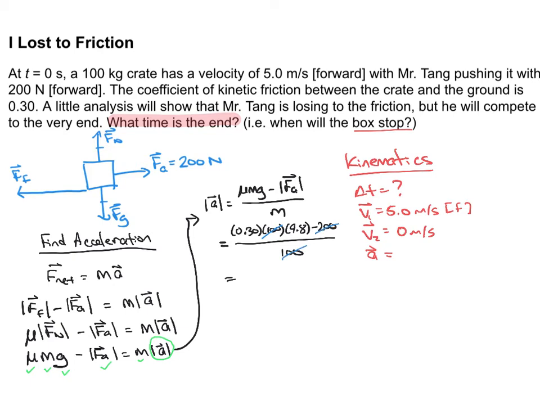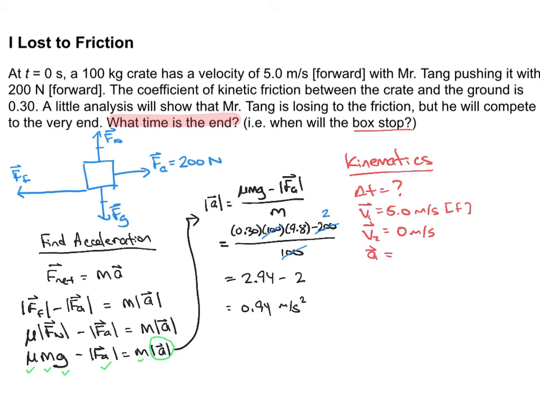So 200 divided by 100 is 2. Okay, so let's go 0.3 times 9.8. That'll be 29 point, no, that'll be 2.94. Subtract 2, giving me 0.94 meters per second squared. So that's the magnitude of the acceleration.